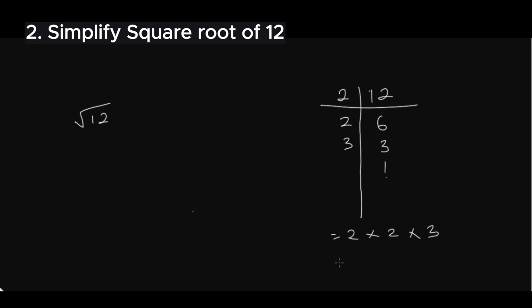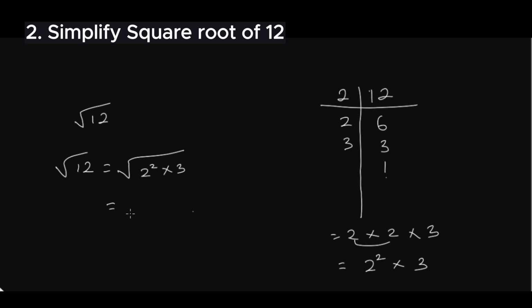Now, our second step states that we must arrange these prime factors in index form with the highest power of 2. So we have 2 squared times 3. So therefore, root 12 is the same as saying root of 2 squared times 3.